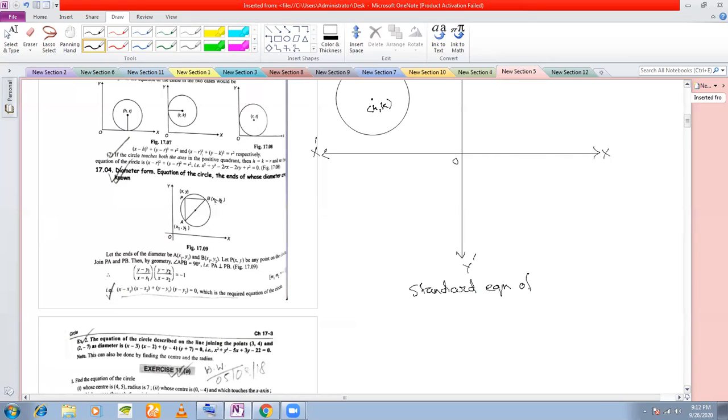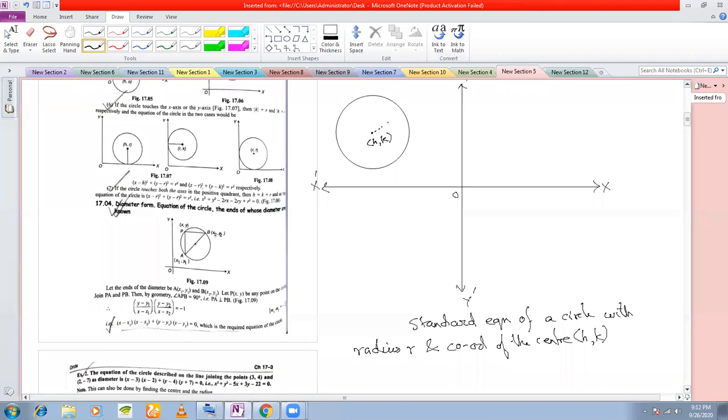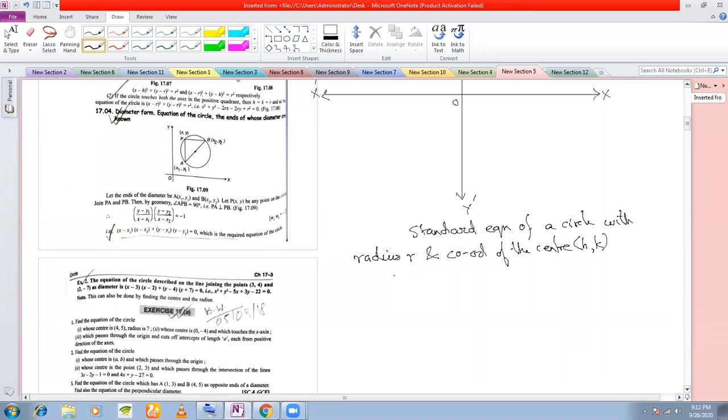The standard equation of a circle with radius r and center (h, k) can be shown to be (x minus h) whole square plus (y minus k) whole square is equal to r square.